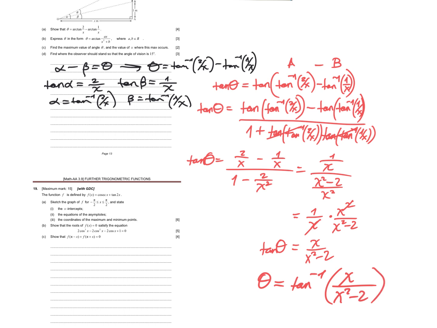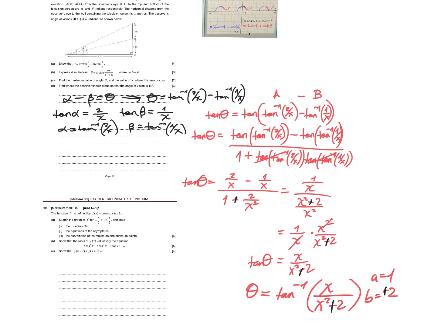So that a is 1, ax over x squared plus b. B is negative 2. Just looking at the mark scheme, of course, I made a mistake, so this needs to be plus here. Sorry. Okay, so find the maximum value of angle theta and the value of x where this max occurs.